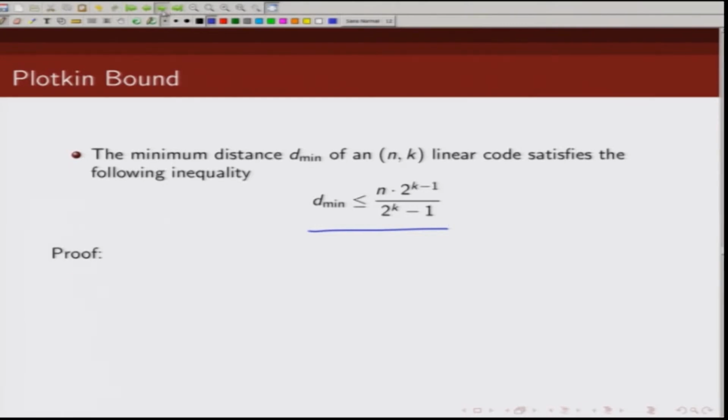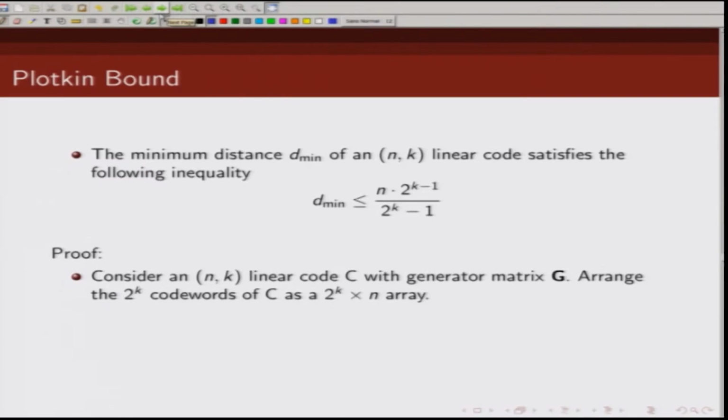Now, to prove this, we will first consider a linear (n, k) code whose generator matrix is G. Since it is a linear (n, k) code, the total number of code words is 2^k. So, we will arrange these 2^k code words as an array.